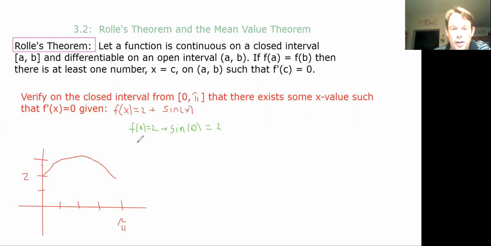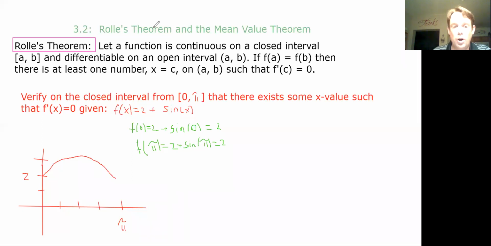If I plug pi in here, I get 2 plus sine of pi, and sine of pi is 0, so that would equal 2. So Rolle's theorem applies because I have the same value.